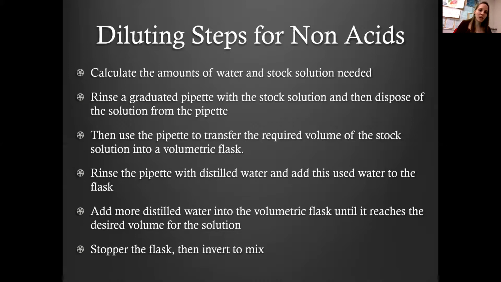Then you're going to pipette the stock solution into a flask, rinse the pipette with distilled water, add that to the flask, and then add however much more distilled water you need. And then you stopper the flask, so put a little cork in it essentially, and then invert it to mix. You don't want to shake it to mix it, you just gently invert to mix.